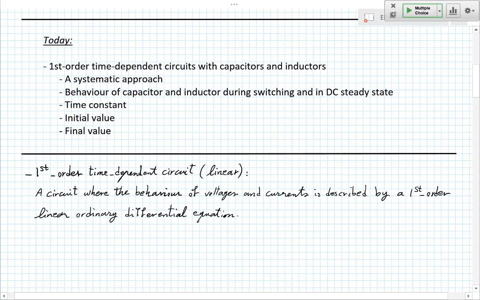You have to write your KVLs and KCLs. Maybe what to keep in mind is that typically, when you want to solve for this, if you are concerned with finding, let's say, the voltage of a capacitor as a function of time, it's normally handy to try to rearrange your equations so that you end up with a differential equation that directly has the voltage of that capacitor in it.